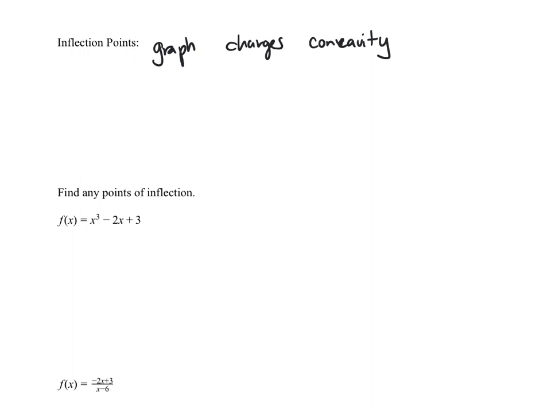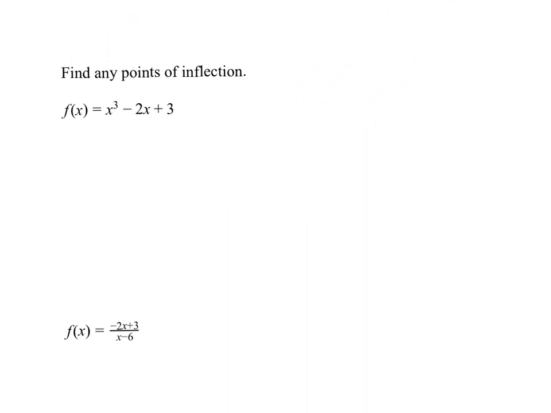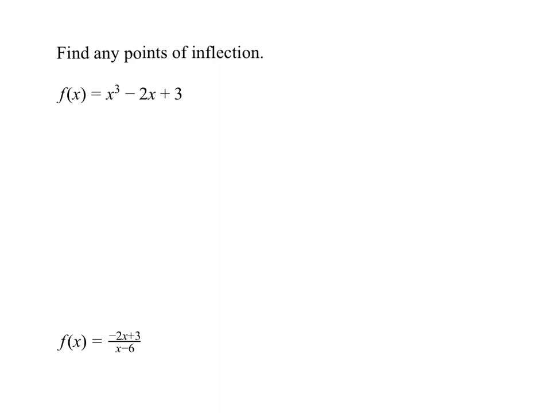And so generally that's going to be where f double prime equals 0 if it changes. Because again, it is possible for the concavity to stay the same on opposite sides of a 0 of the second derivative. Most times it's going to be where that is. So we'll have to find second derivatives and everything else like we always have, make our sign charts and see if it changes.